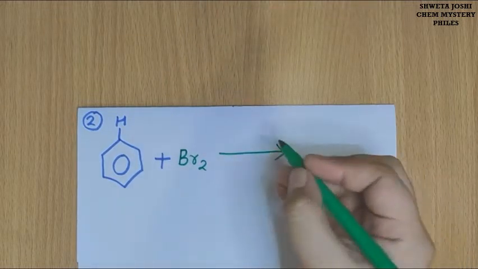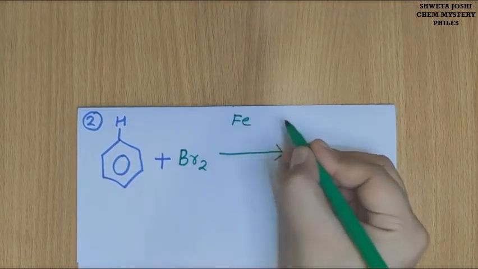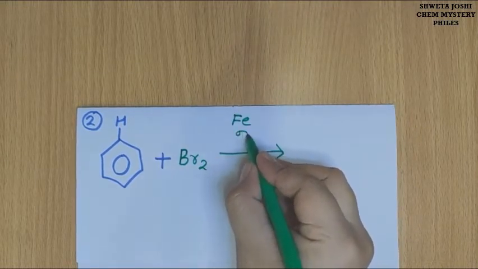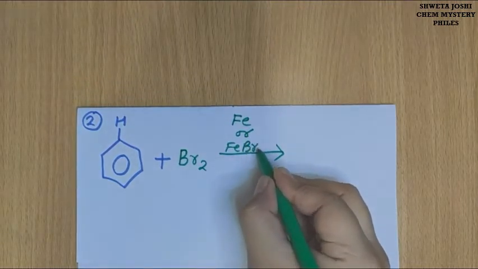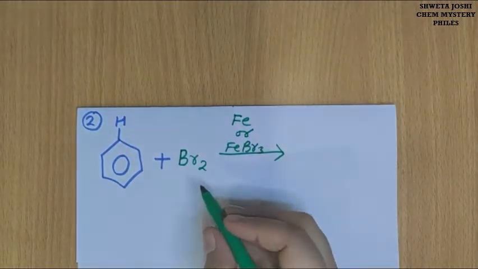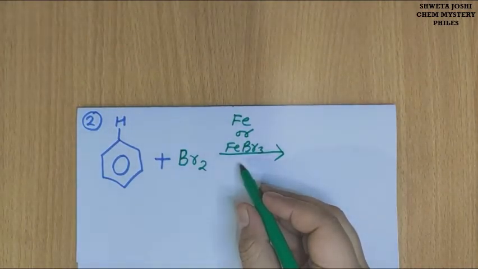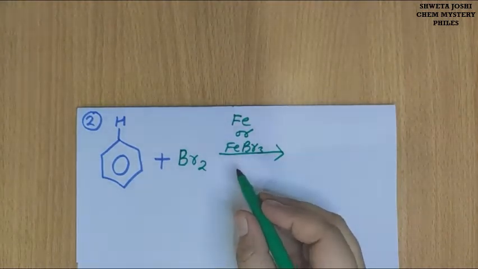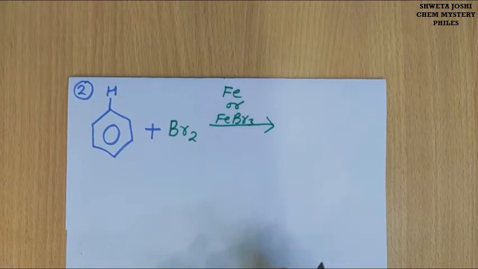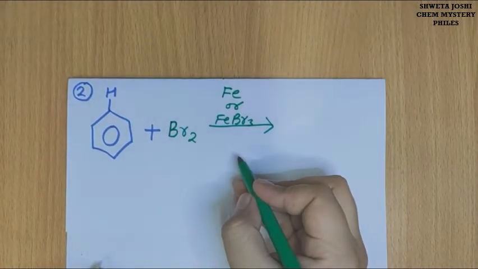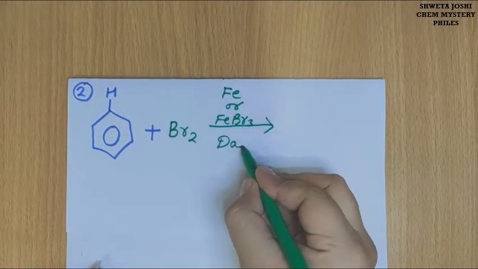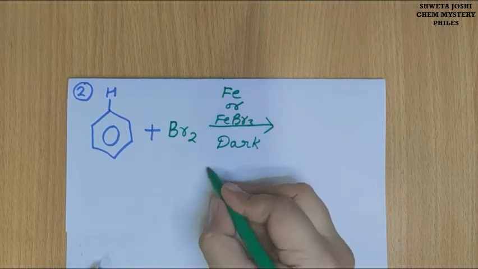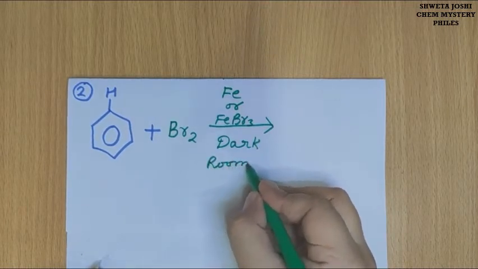This reaction takes place in the presence of either iron Fe or FeBr3. Since you are performing bromination, in place of FeCl3 which is used in chlorination, you have to take FeBr3. This reaction takes place in dark and at room temperature.